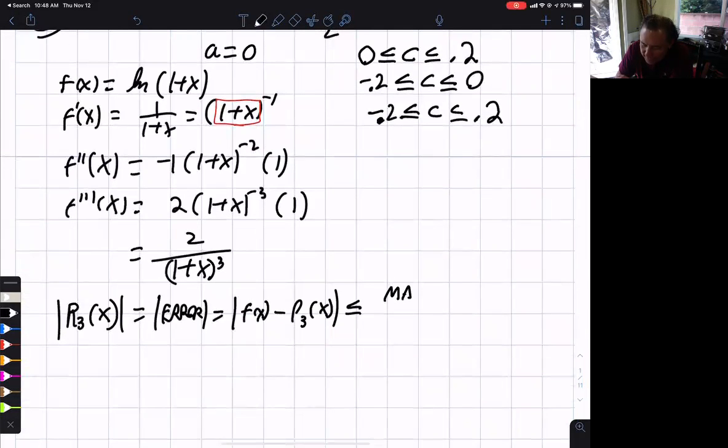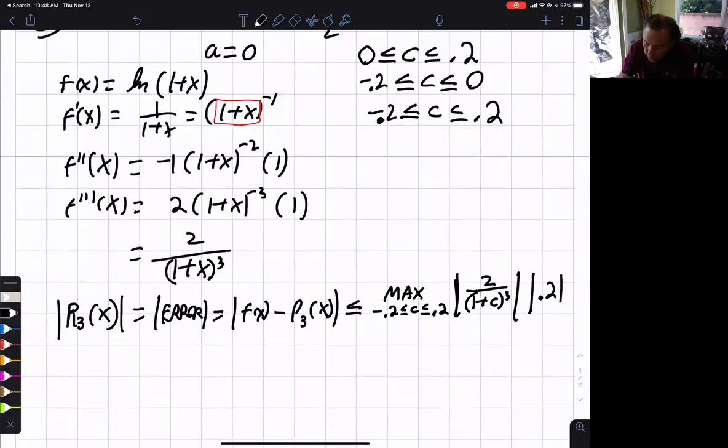We want the maximum value, a number bigger than or equal to, for c between negative 0.2 and 0.2, of the third derivative, which is 2 over (1 plus c) cubed. And the largest x is going to be 0.2, and we want to cube that over 3 factorial.